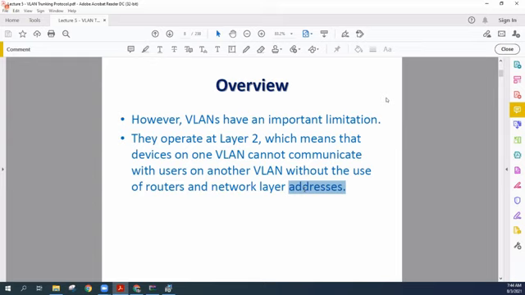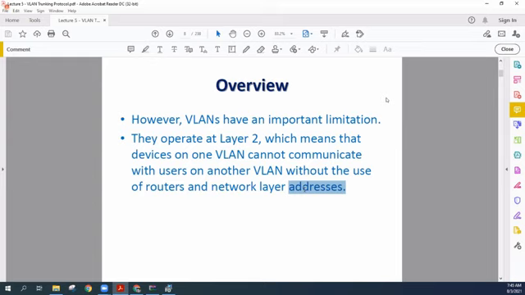Even though it is a virtual LAN, it is also considered a separate network. So if we want communication between VLAN 10 and VLAN 20, definitely we have to use the router. Router involvement should be there for inter-network communication, inter-VLAN communication, right?